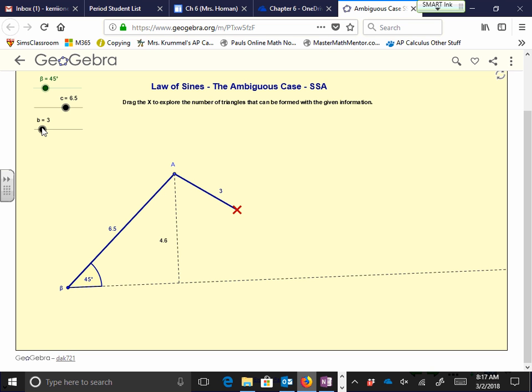We also don't know how big this angle right here is going to be. What's wrong with this side right here? It's not long enough. This little dinky side right here is never going to meet up with whatever this 3rd side is going to be. Therefore, we can't make a triangle. So it is possible to not have a triangle that makes sense.